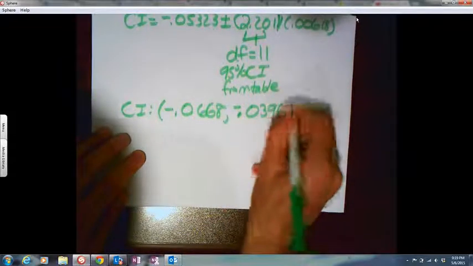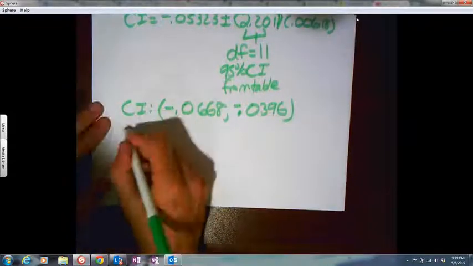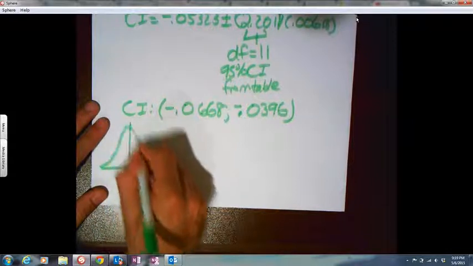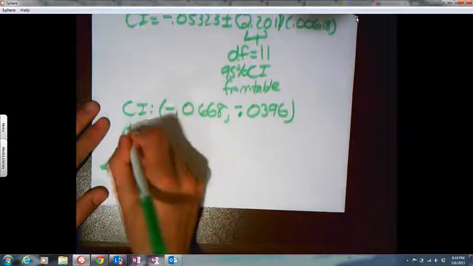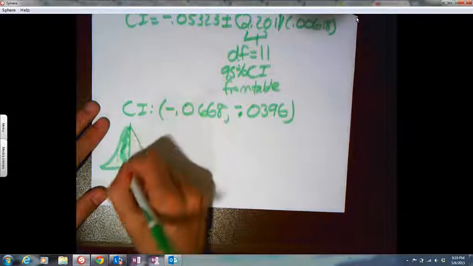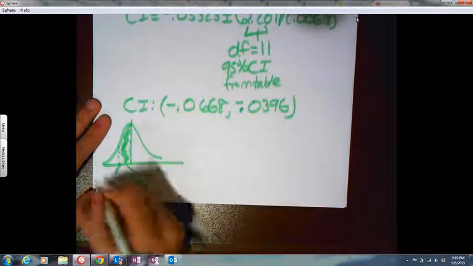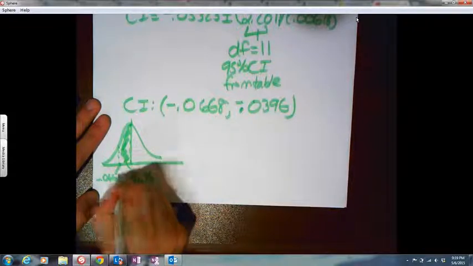A little picture and then the conclusion. So the picture is 95% right here. This is negative 0.0668. This is negative 0.0396.